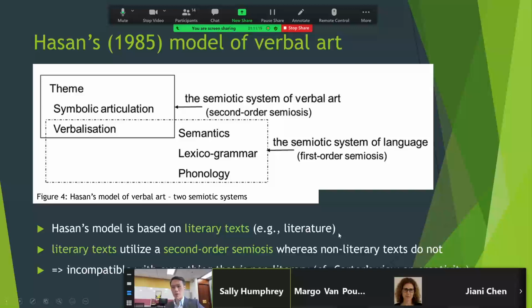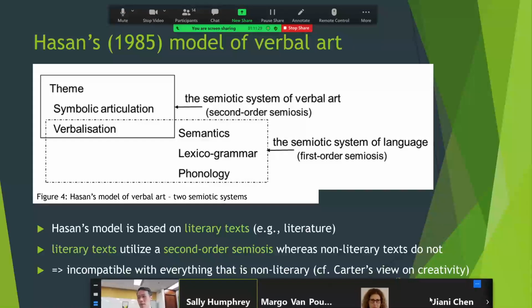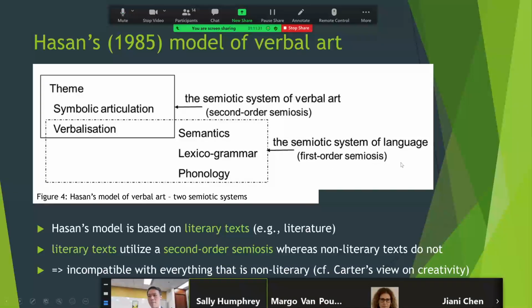Therefore, for example, literature and poems, literary text uses second-order semiosis, where non-literary texts do not. And therefore, this model is not actually compatible with everything that is non-literary. That is opposed to Carter's view on creativity, where even common talk or everyday speech can be creative.